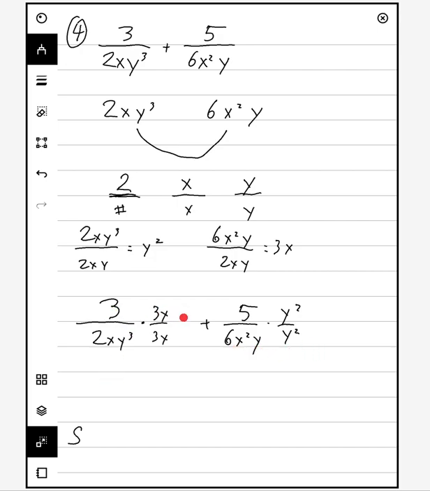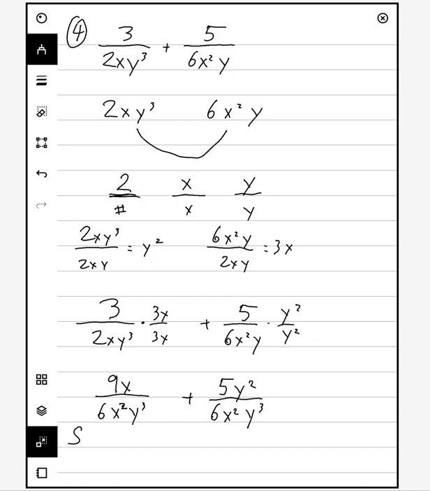So we do the top part and get 9x over 2 times 3, 6, x times x squared, y cubed, plus 5y squared over 6 times, well, no numbers, no x's, so we just combine the y. So we bring down the 6x squared, y times y squared gives us y cubed. And look, they're the same.